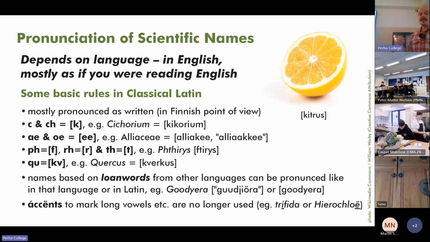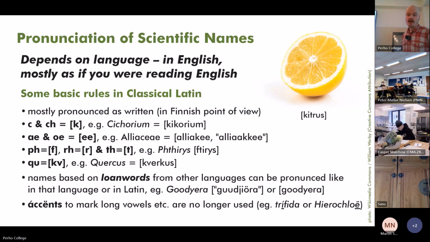But anyways, there can be loan words from different languages. So they can be pronounced like in classical Latin or in the original language. For example, this orchid Goudiera can be pronounced Goudiera or Goduera, which would be the classical Latin way to pronounce it.